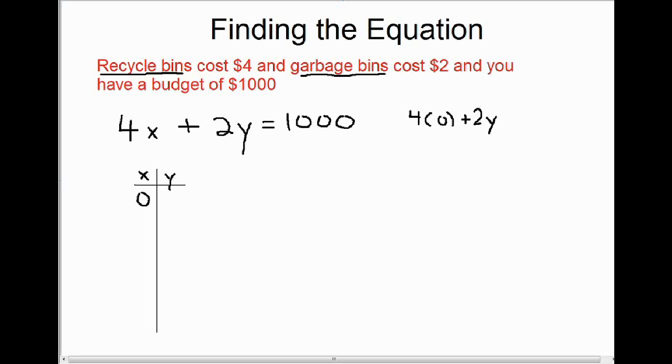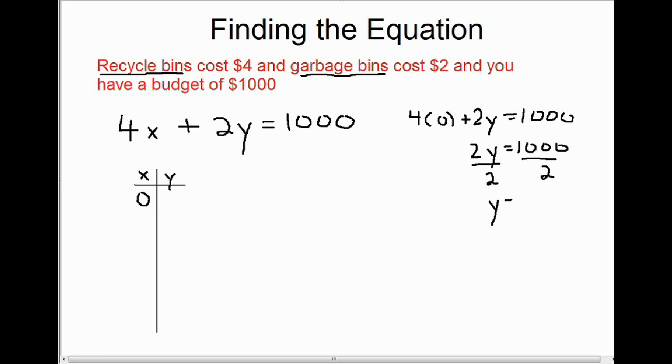Now we simplify as much as we can, and 4 times 0 is 0. So now we isolate y by dividing both sides by 2, and we get that y is 500.